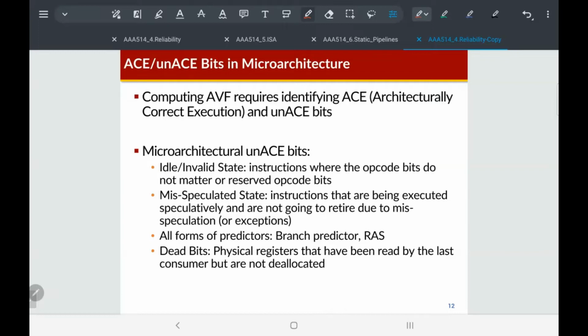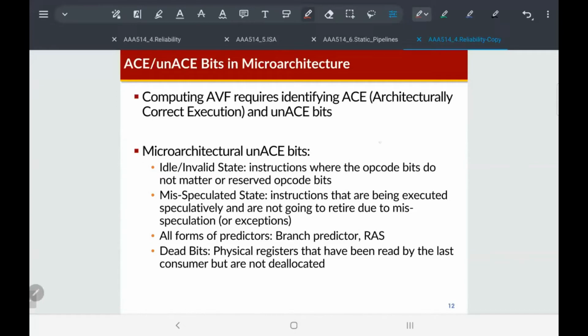As I mentioned, when we consider the architectural issues of reliability, we also need to distinguish architecturally correct execution (ACE) bits and un-ACE bits. Un-ACE bits means that even though the bit data is changed, this change of a bit flip is not harmful. Okay, so this is an example of un-ACE bits: the idle or invalid state.